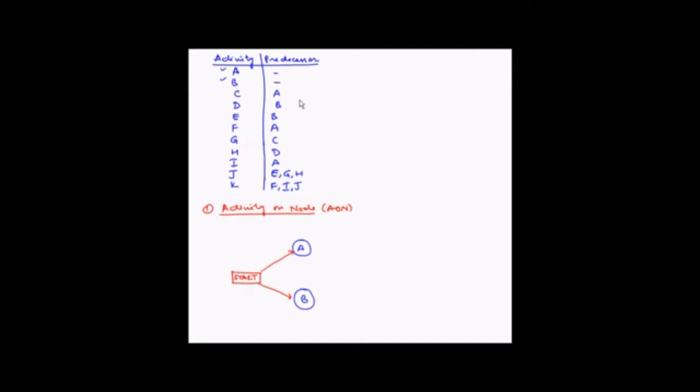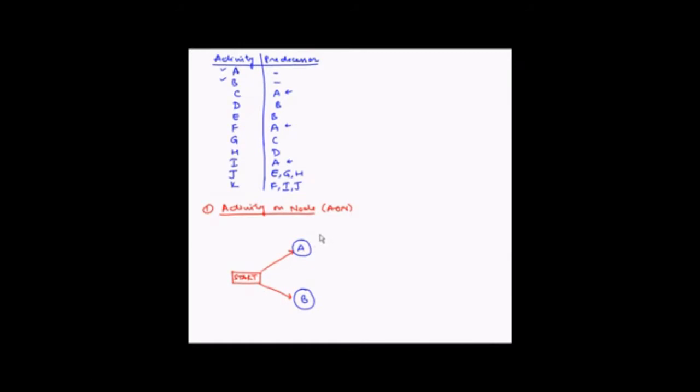Now let's find out which are the activities which are dependent on A. So we have C, we have F, and we have I. So all these three activities, which is C, F and I, have to start once A has been completed. So let's draw this.